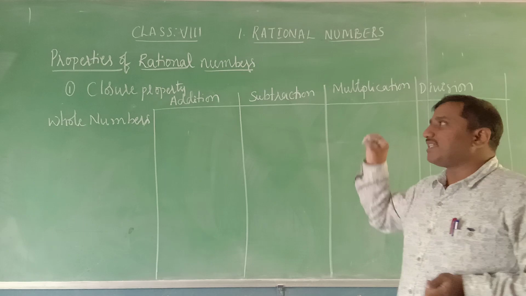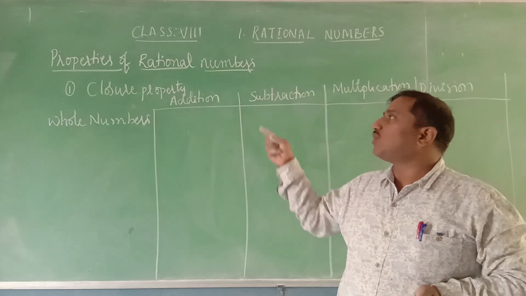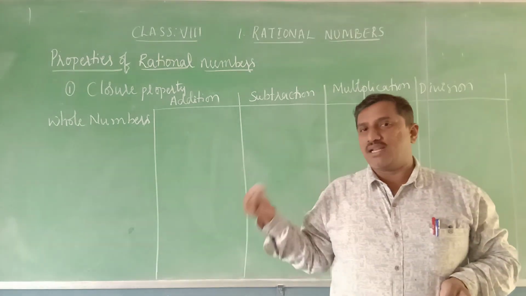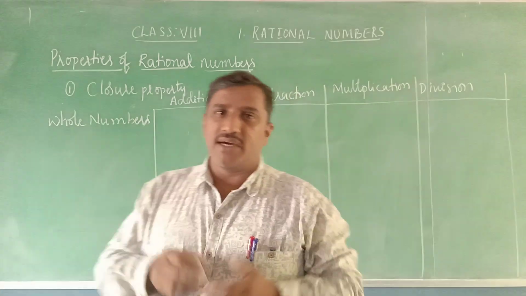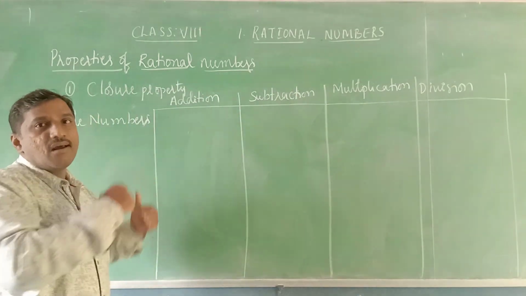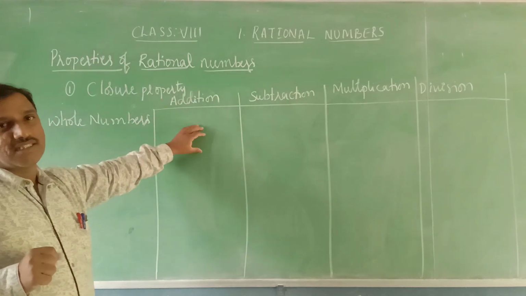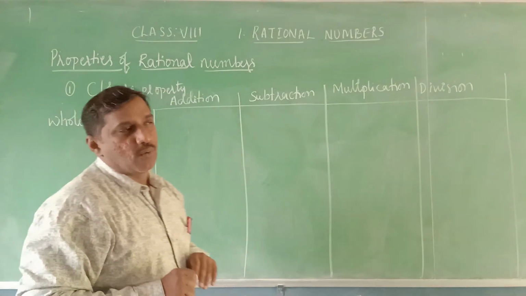If that statement is satisfied, then we can say that whole numbers, integers or rational numbers are closed under addition, or the closure property is satisfied under addition. Similarly, we can discuss subtraction, multiplication and division also.